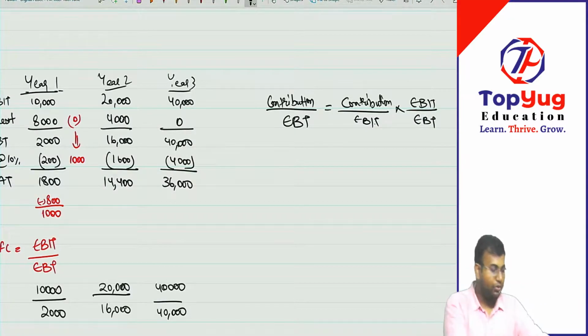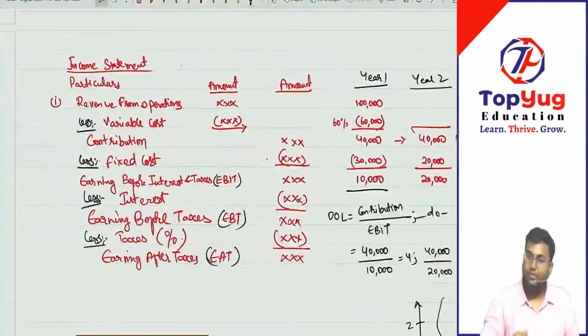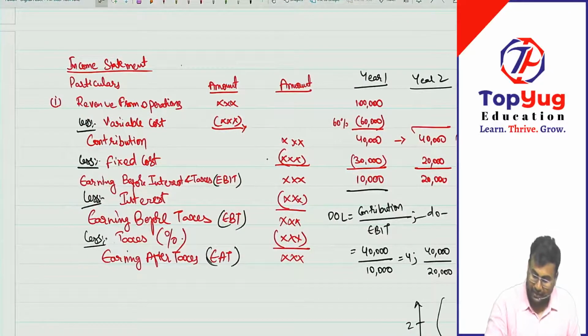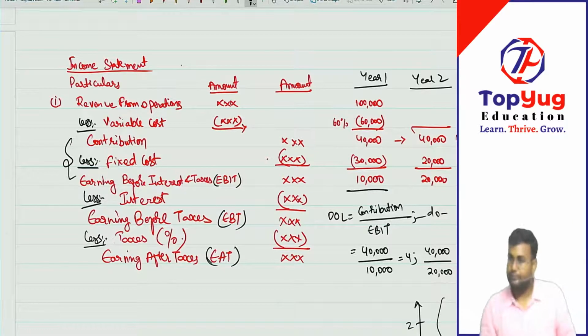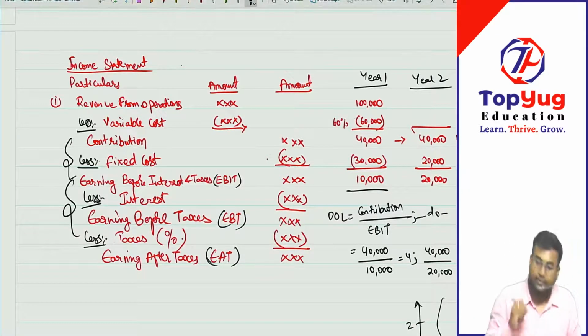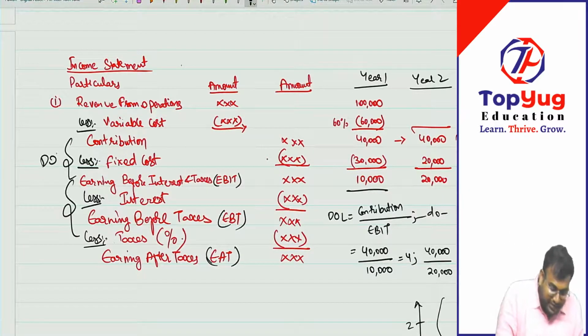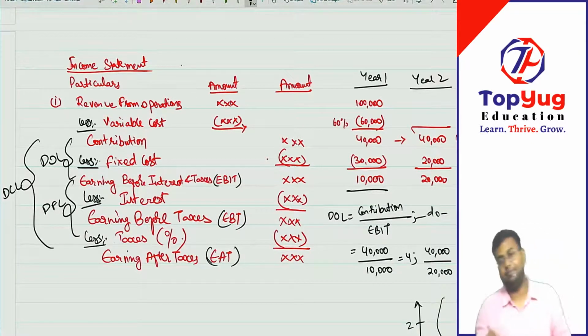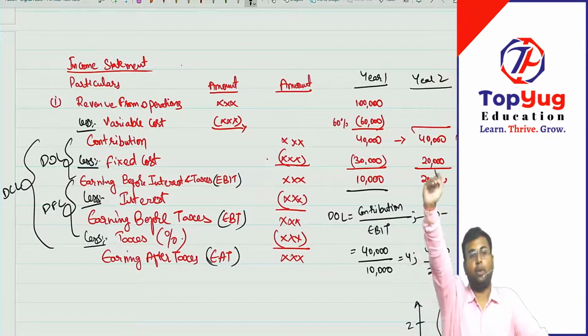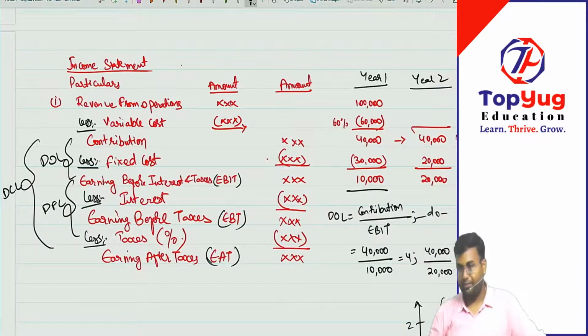The total. Now you have seen this chart earlier. Please see again. Let us do it this way. Earlier we were doing this and this. This we were calling DOL. This we were calling as DFL. Now we are taking total. Now we will call this as DCL. Right or not? So what is the top line? Contribution. What is the bottom line?